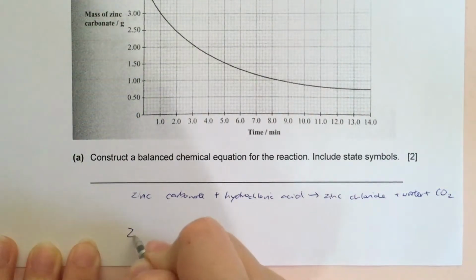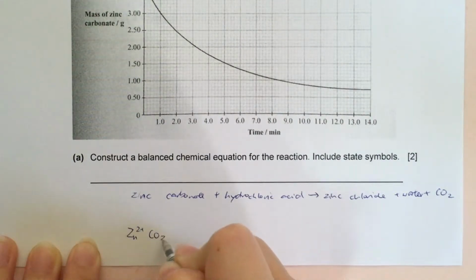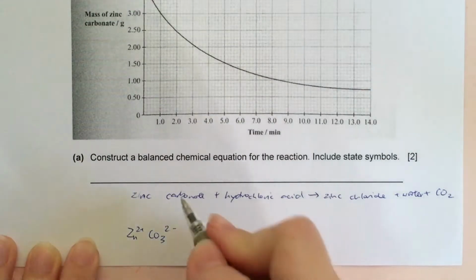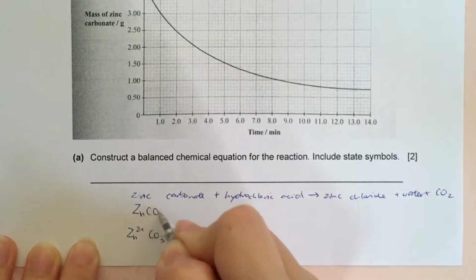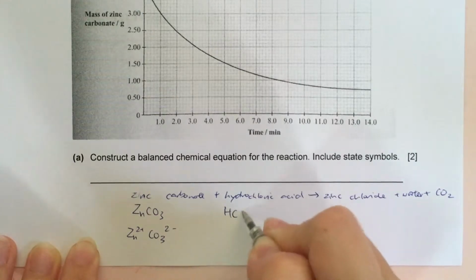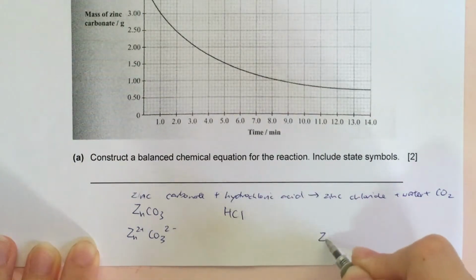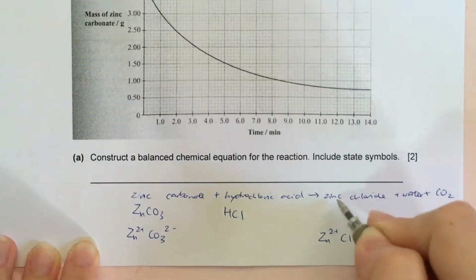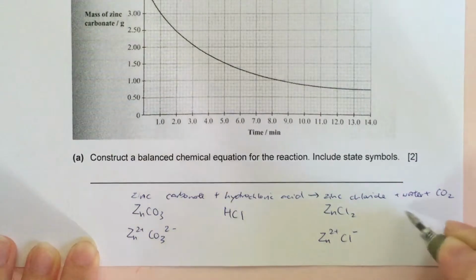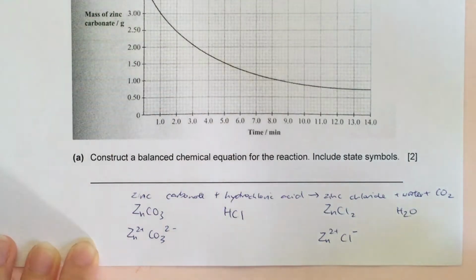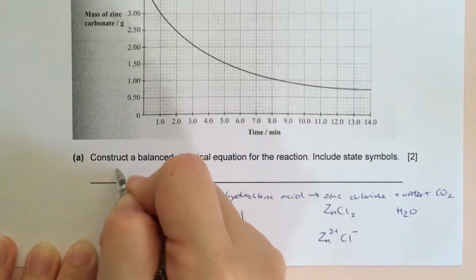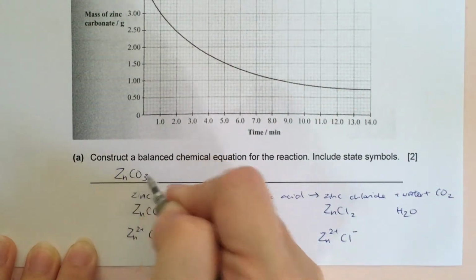So now we write the chemical formulas. So charges are balanced, so ZnCO3. Hydrochloric acid, based on memory, HCl. Charges are not balanced, we need 2Cl to balance it. Water, H2O. So we write down the chemical formulas.